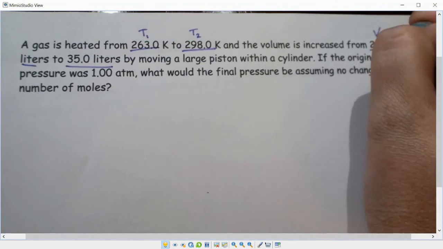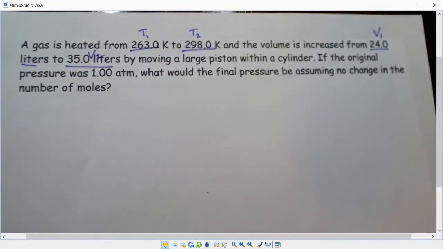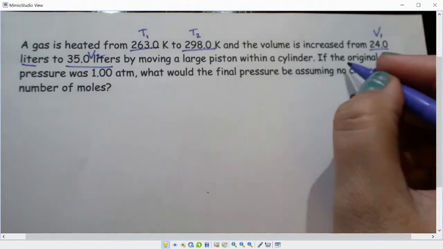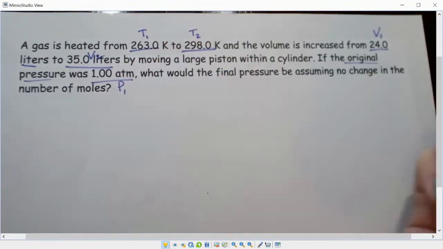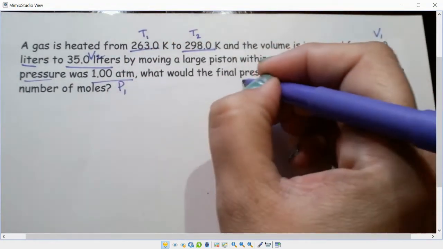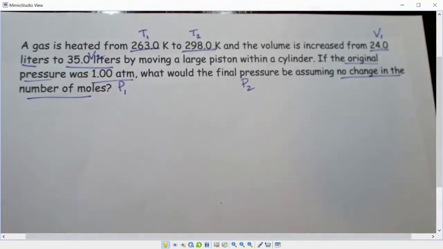So there's a change in volume by moving a large piston within a cylinder. If the original pressure is 1 atmosphere, that means P1, what would the final pressure be? That's talking about P2, assuming there's no change in the number of moles.